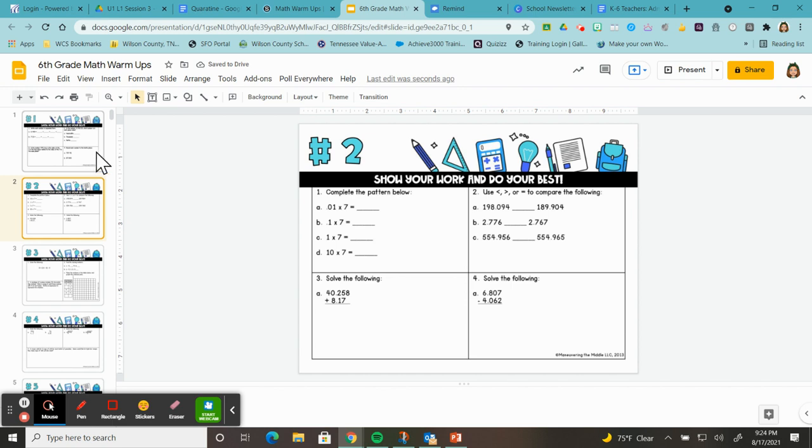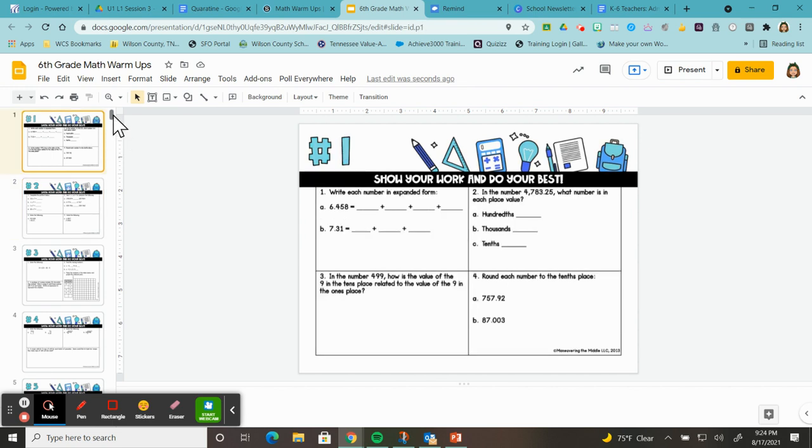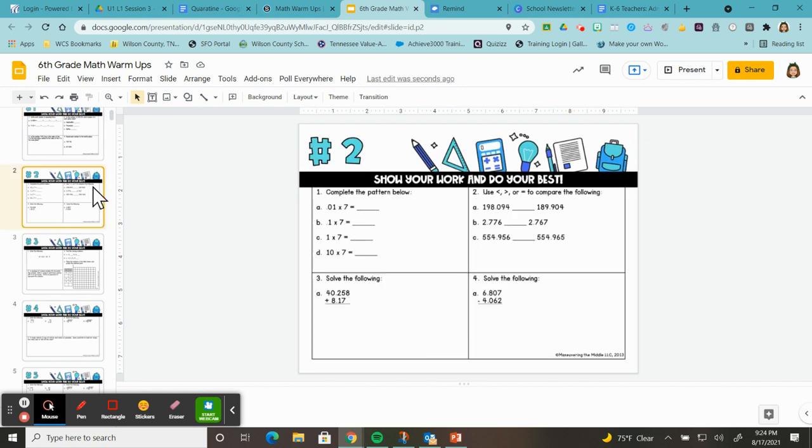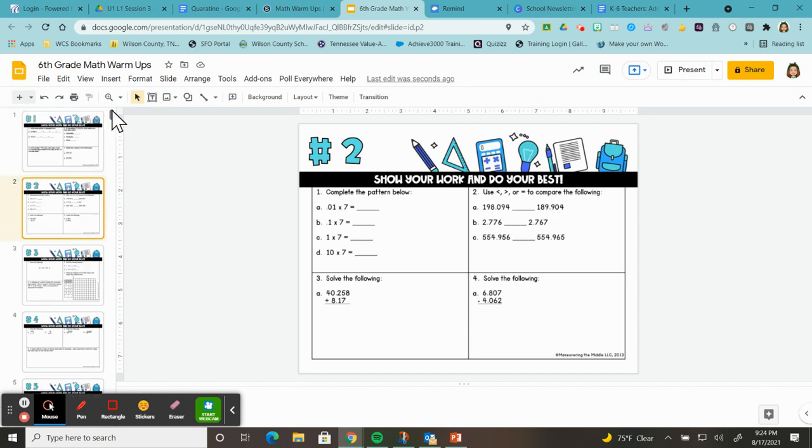But if you are just doing math stations for the first time, you want to do the first 2 slides here. We want to get slide 1 and slide 2 completed for the math warm-ups. So once you've completed slide 1 and slide 2, then you can move on to the Blooket and the Nearpod.